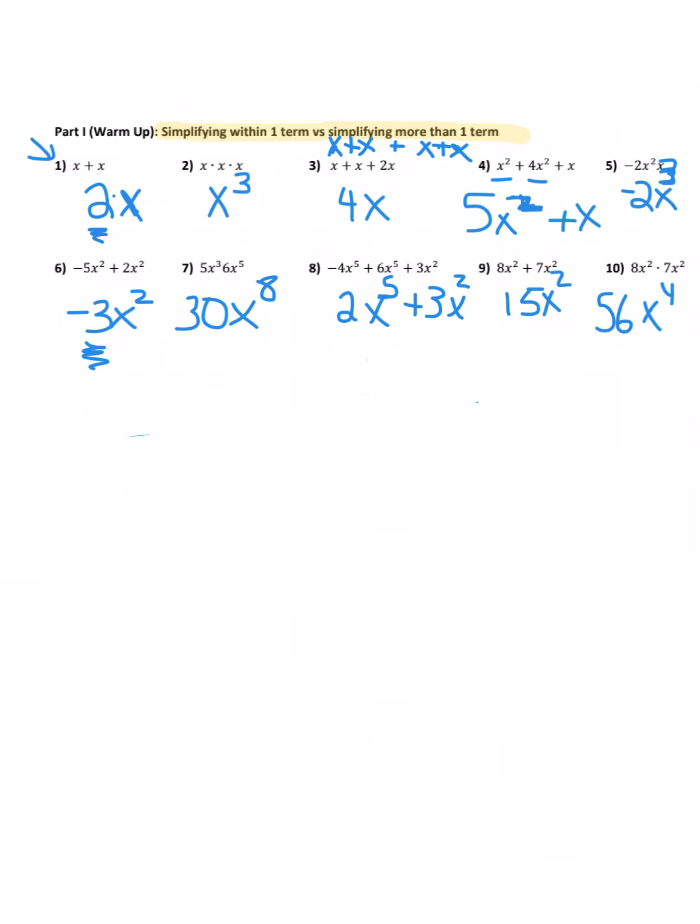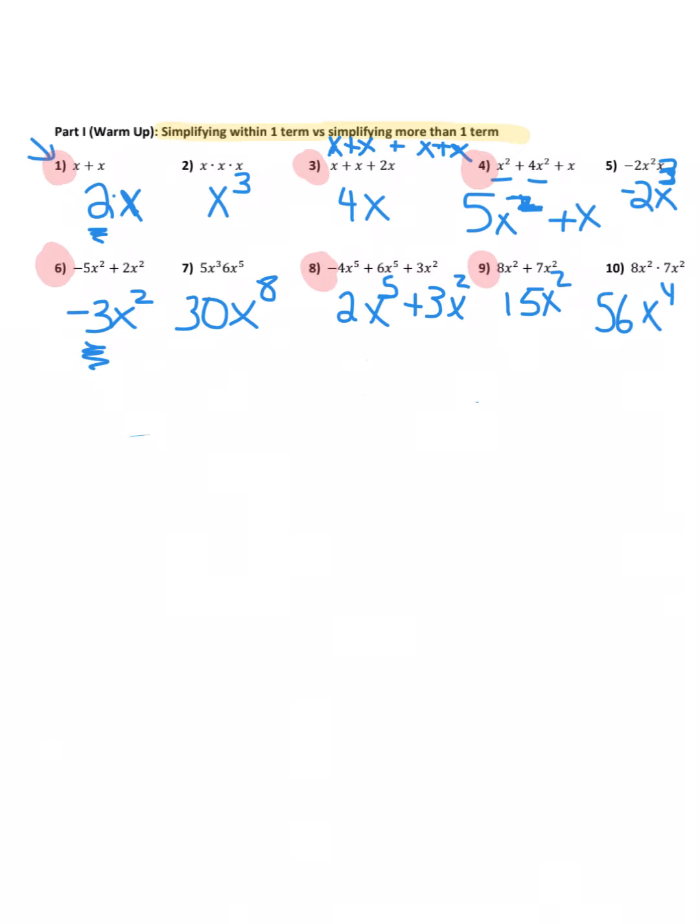All right, so the big takeaway from this do now is that for problems like number 1, 3, 4, 6, 8, and 9, when we combine like terms, we showed our quantity of how many x's or x to the fifths we had, whatever the case was.